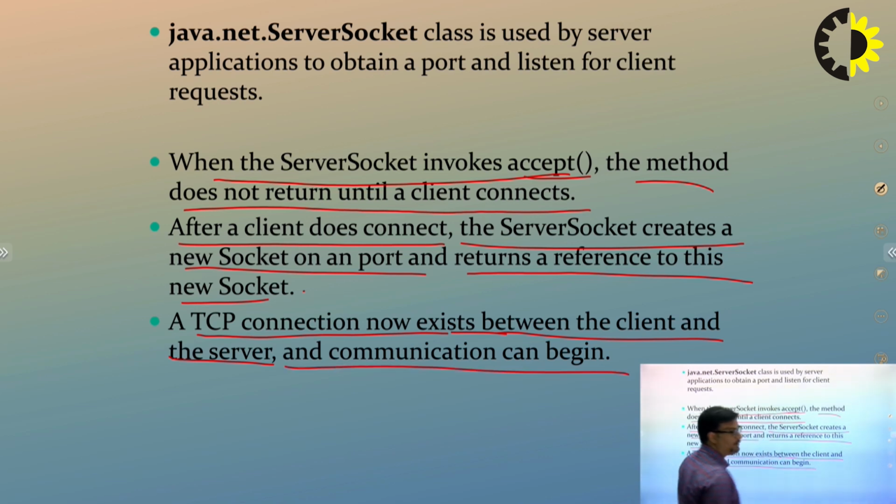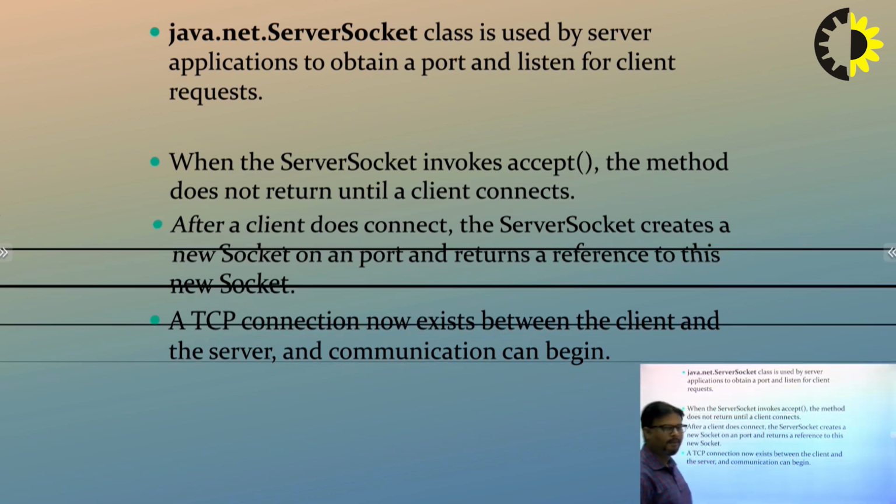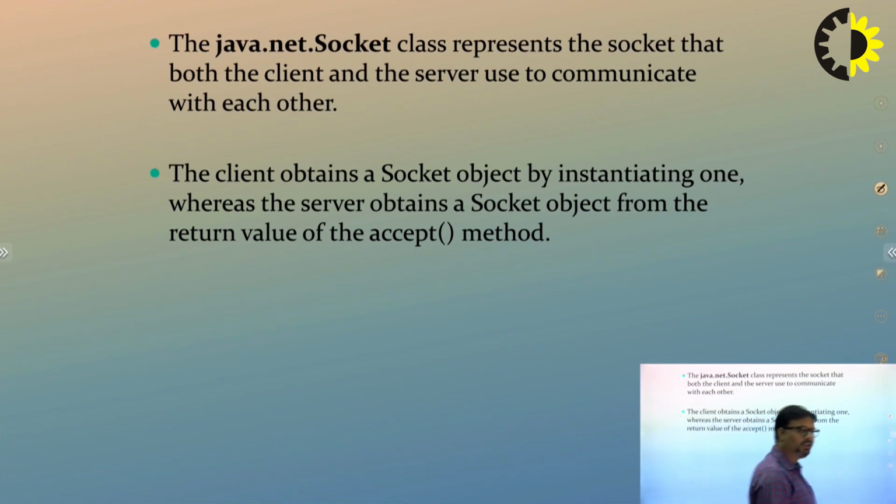Communication can begin. Next, the java.net.Socket class represents the socket that both the client and server use to communicate with each other. The client obtains a socket object by instantiating one, whereas the server obtains a socket object from the return value of the accept method.